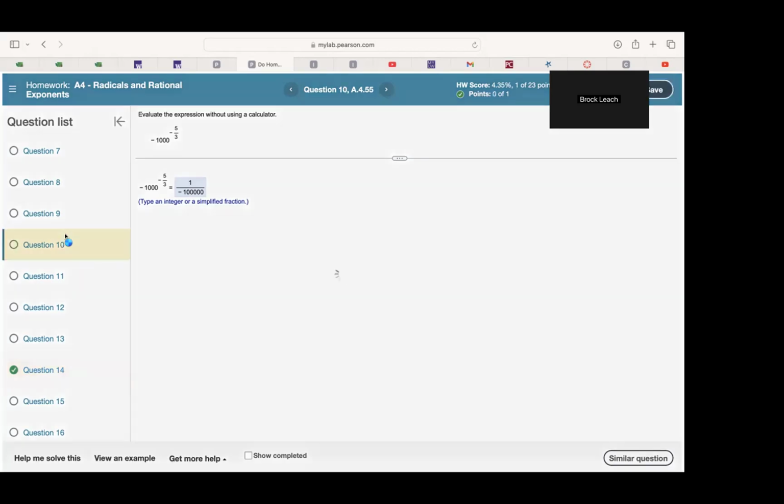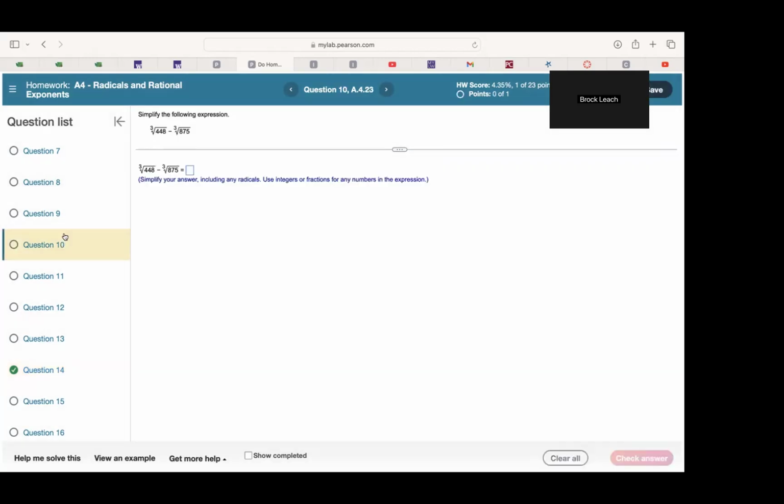Number 10. Okay, yeah. Those are some fun numbers. So we may need to go a little higher in our cube root search.